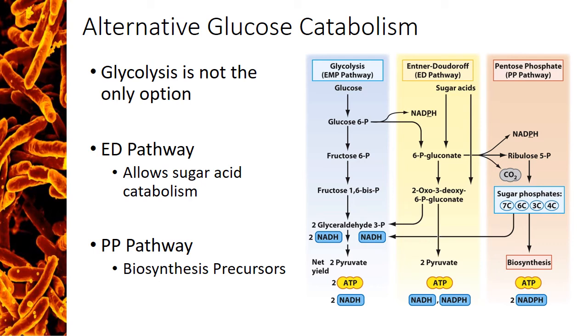Many chemoorganotrophs have additional pathways that can break glucose down depending on what the cell needs to accomplish. The ED, or Entner-Doudoroff, pathway also breaks glucose or other sugar acids down to 2 pyruvate molecules. However, it only produces 1 ATP instead of the 2 that were produced during glycolysis.